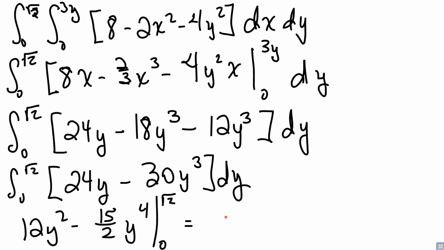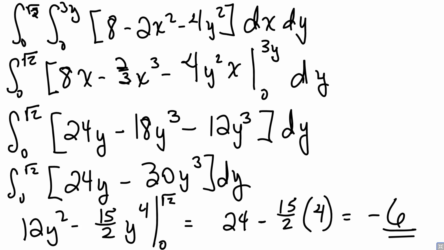So if we do that, we're going to have 24 minus 15 halves times 4. If we do that, we should end up with an answer of what? -6. Any questions?